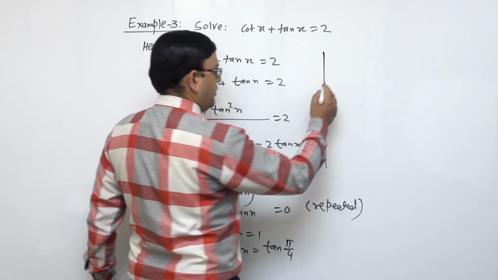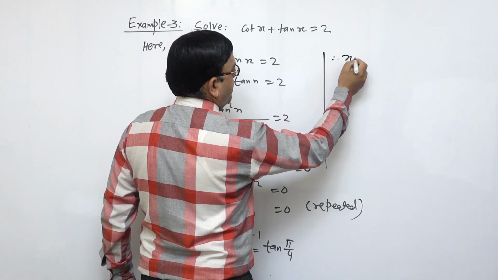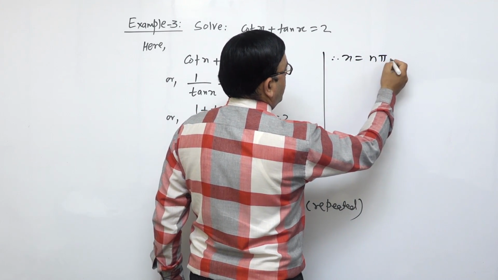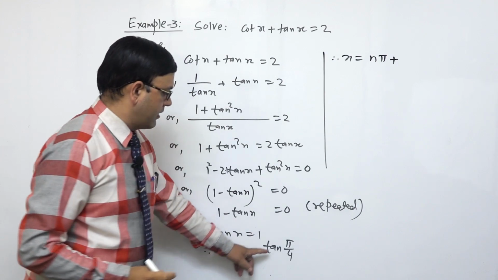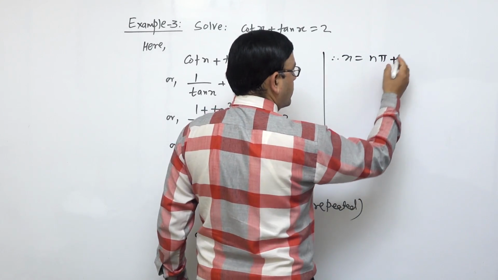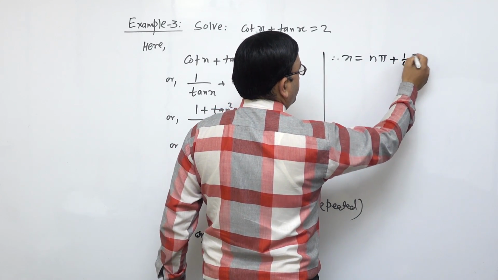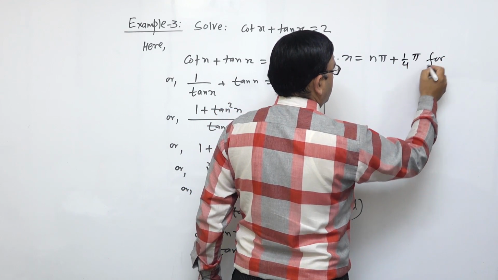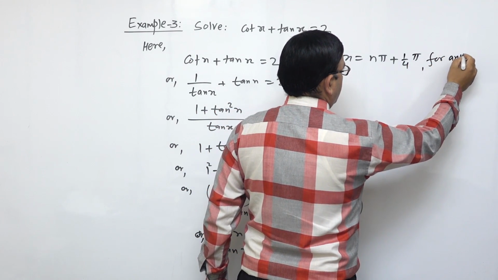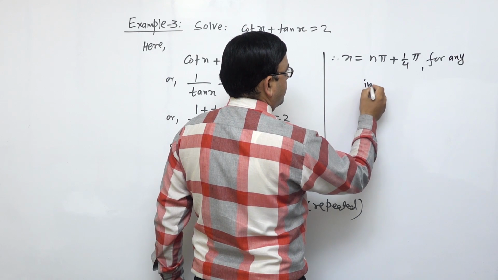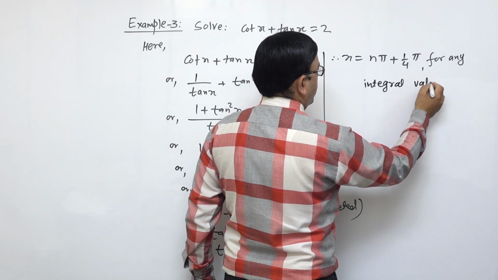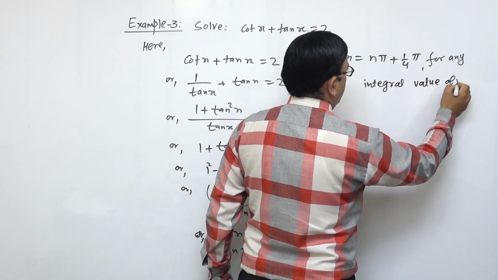Therefore x is equal to n pi plus pi by 4, or 1 by 4 pi, for any integral value of n.